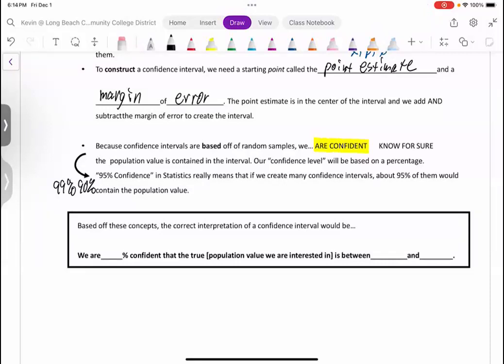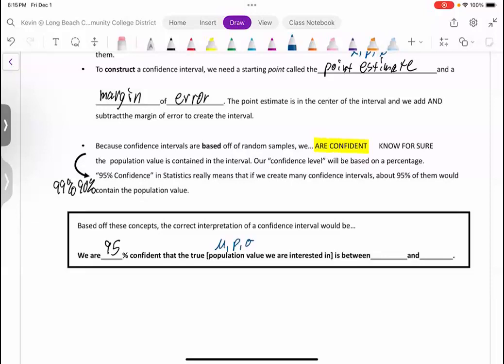In statistics, 95% confidence really means that if we create many confidence intervals, about 95% of them would contain the actual population value. Based off of these concepts, the correct interpretation of a confidence interval would be that we are some percent, I'll just make one up, 95%, confident that the true proportion, or the true population value, again, this is the mu or the p or the sigma.